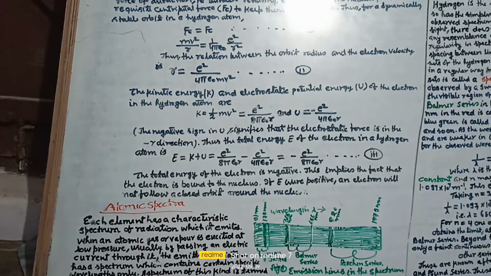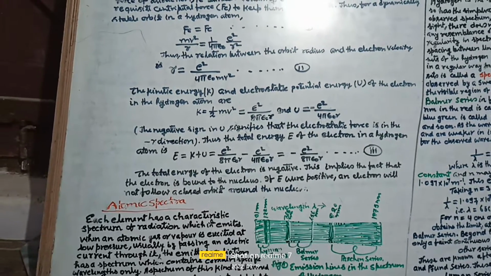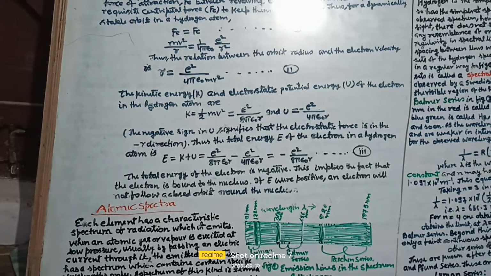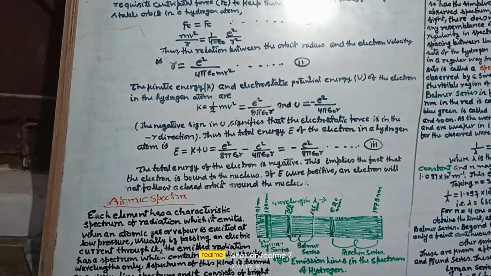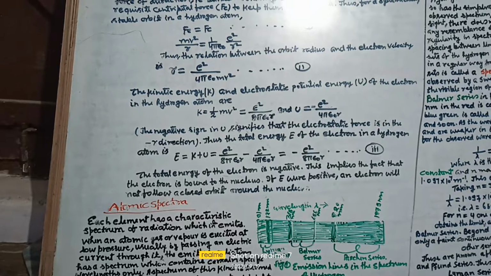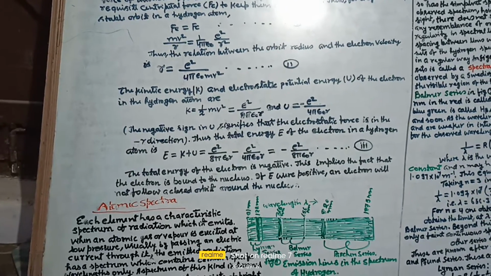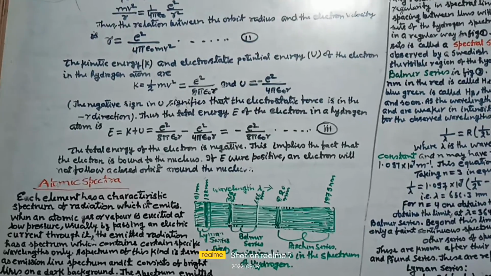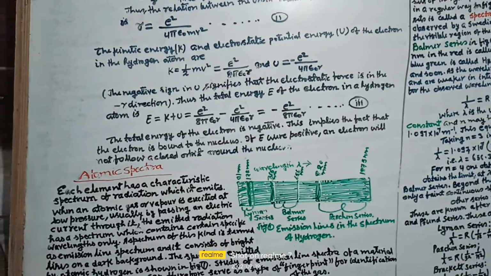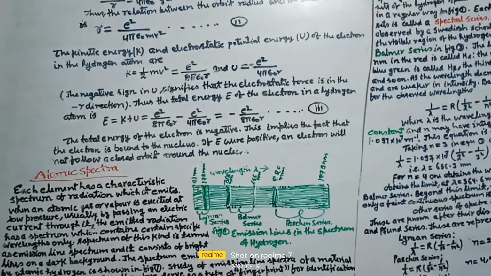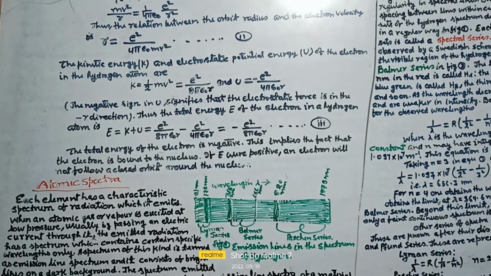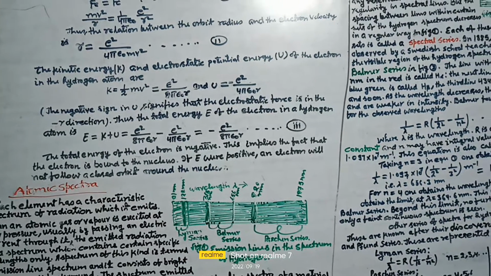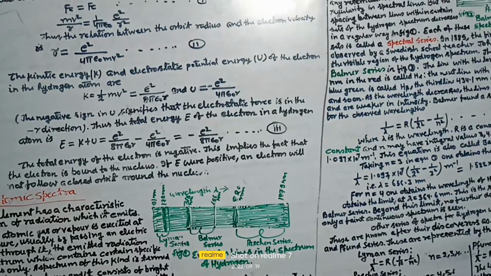A spectrum of this kind is termed an emission line spectrum, and it consists of bright lines on a dark background. The spectrum emitted by atomic hydrogen is shown in figure 1. A study of emission line spectra of a material can therefore serve as a type of fingerprint for identification of the gas.